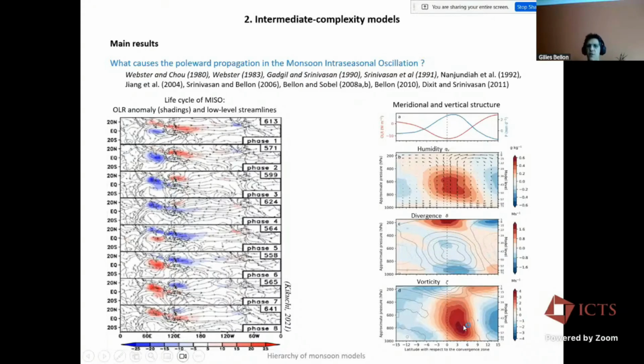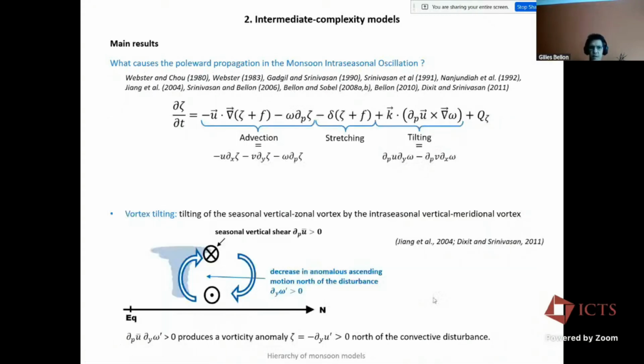And that's going to create the divergence pattern that you can see here, which is going to essentially transport humidity upwards. And this humidity convergence is going to allow the development of precipitation north of the existing precipitation, and then that causes the northward propagation. And so essentially the idea is that we have to explain why there is this vorticity pattern to explain the northward propagation.